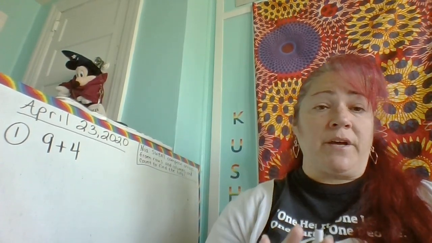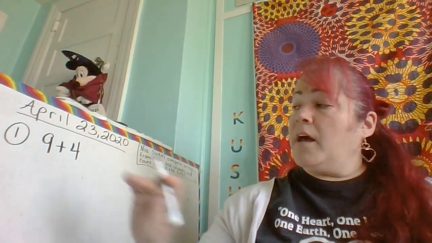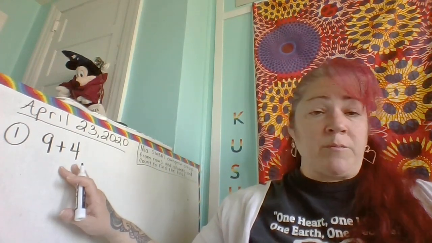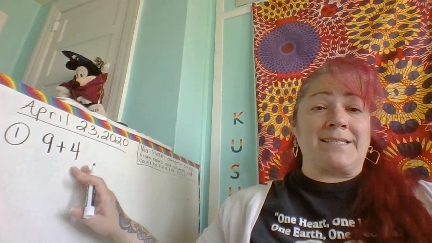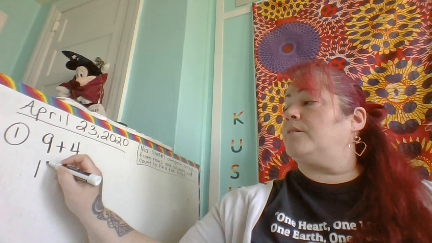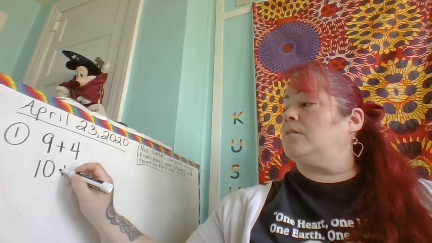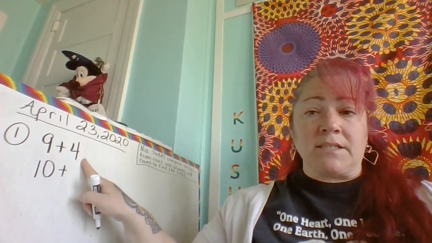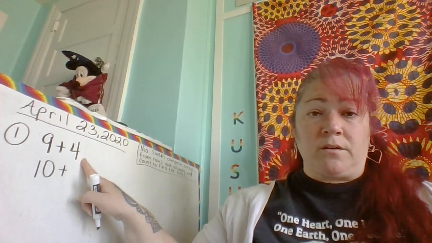Some of us already know what 9 plus 4 is. Okay, so stop and let's look at what the problem is asking us to do. It wants us to make a 10. If I make this into a 10, that means I had to have taken something away from my 4.